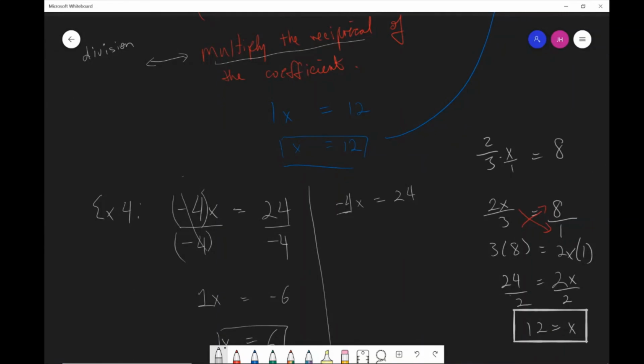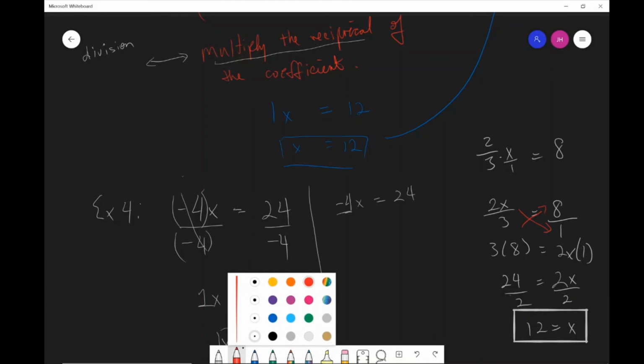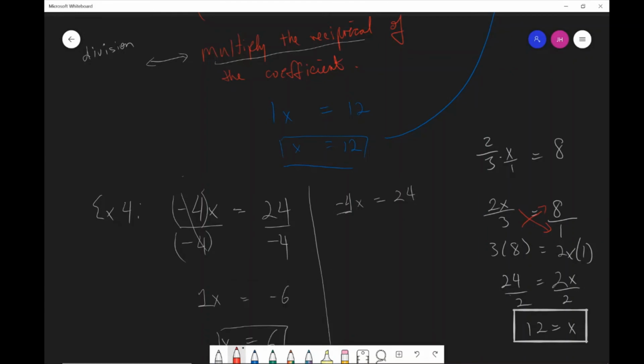I multiply by the reciprocal of it, which will be -1/4. Can we still cancel them out? Yes. Altogether, you will still reach down to 1x equal to -6, which is x equal to -6.